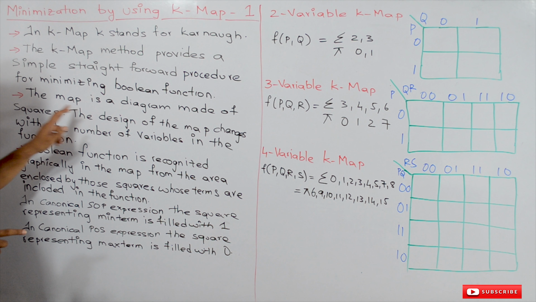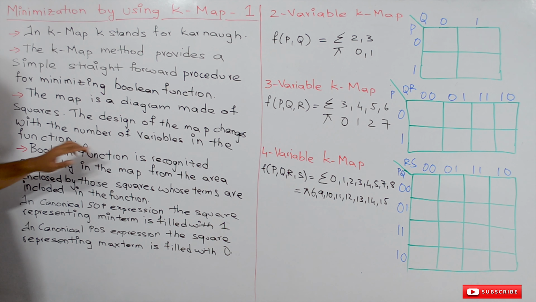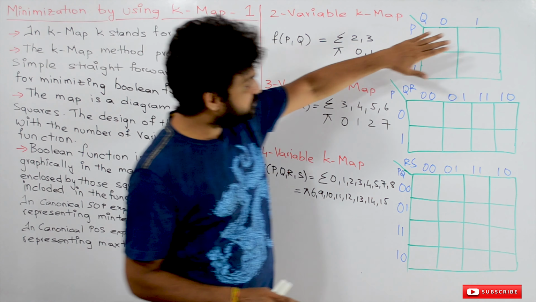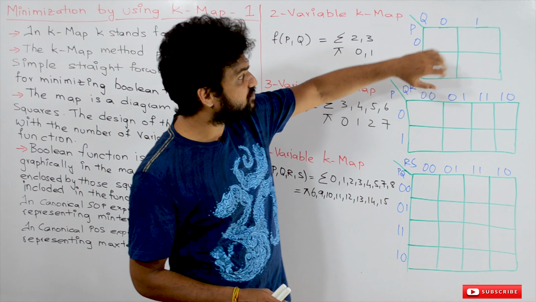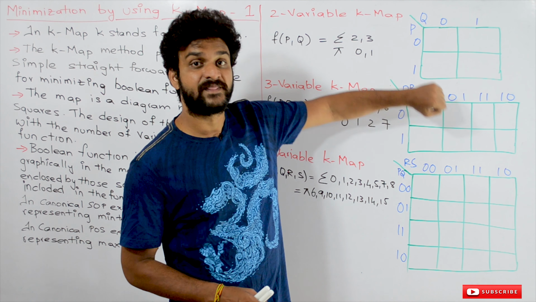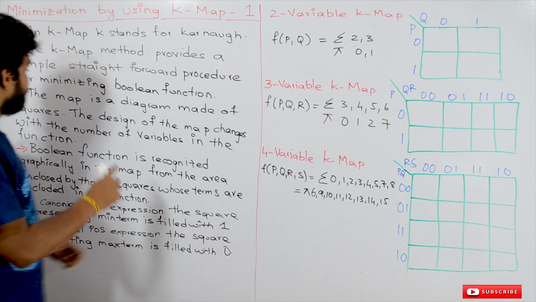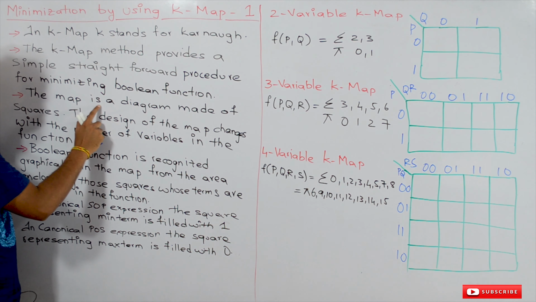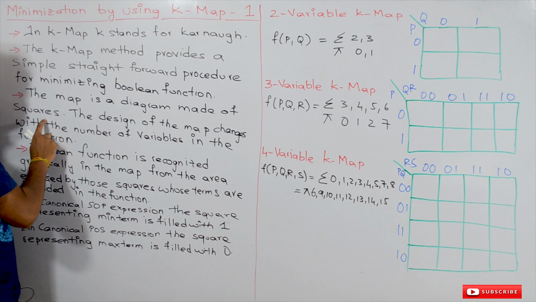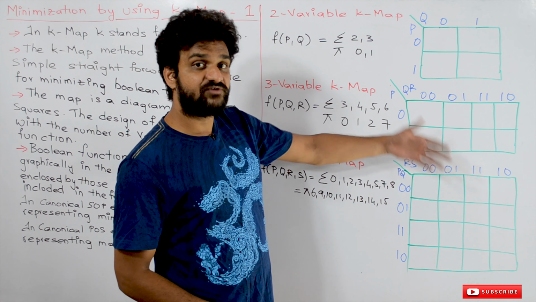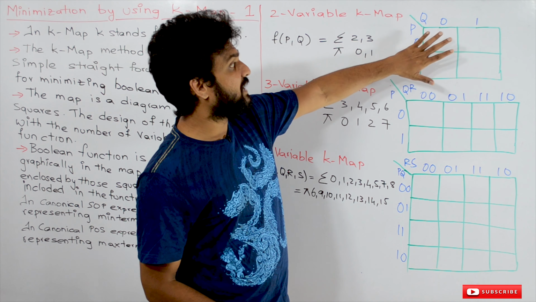Now the K-map is a diagram made of squares. The design of the K-map changes with the number of variables in the function. What does that mean? These are the different K-maps for different numbers of variables.